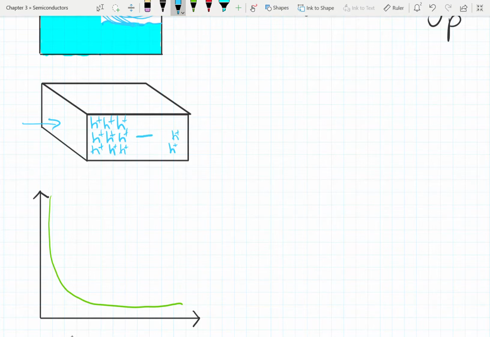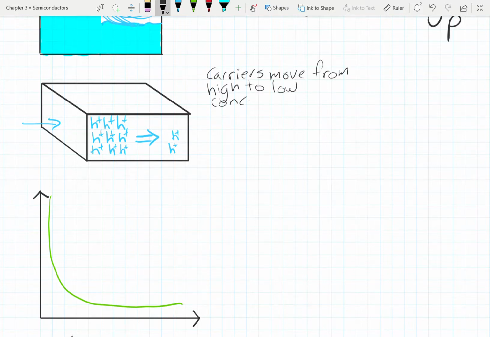Your holes, due to diffusion, are going to move from the left side, the higher concentration area, to the lower concentration area. So that's one important thing to notice: carriers move from high to low concentration due to diffusion.